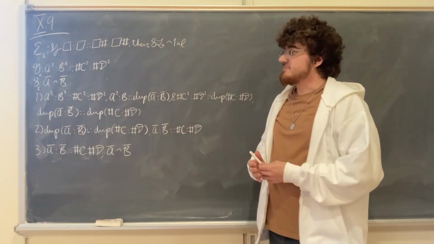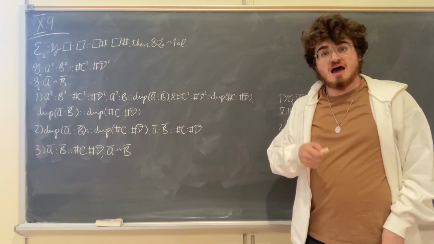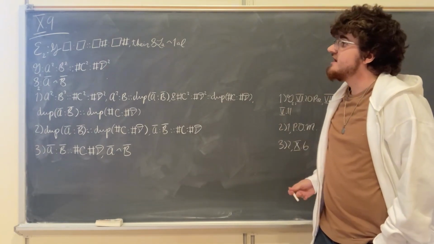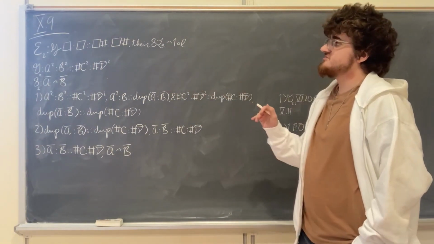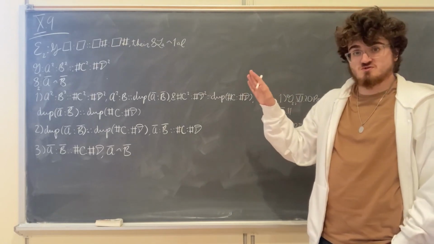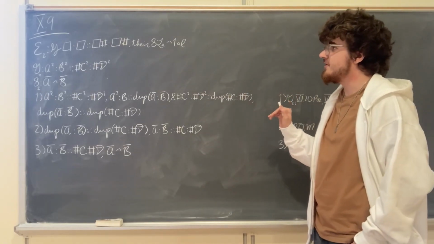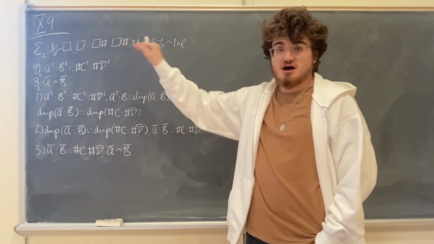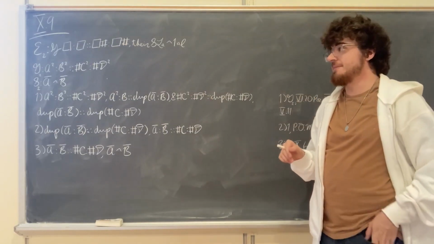So now we'll be demonstrating the second part of proposition 9 of book 10 of Euclid's Elements, which says that if a square has to a square the ratio which a square number has to a square number, then the straight lines of those squares are commensurable.